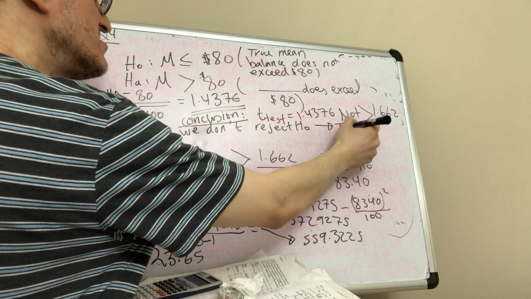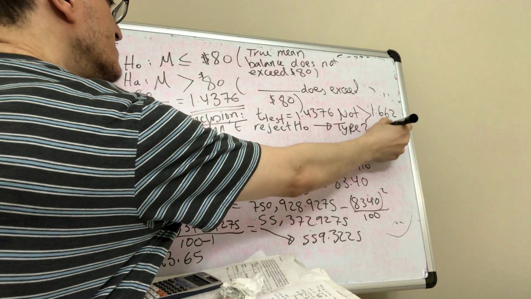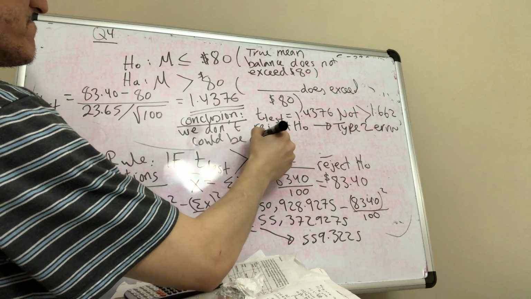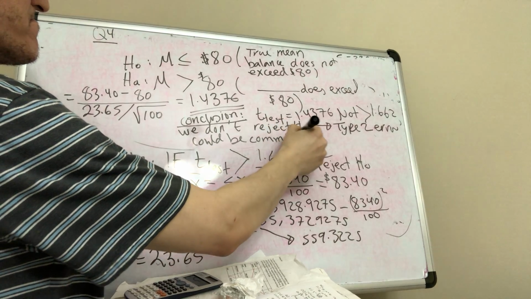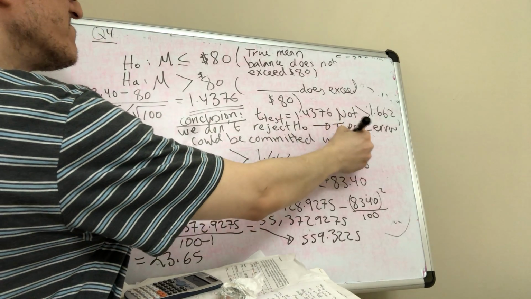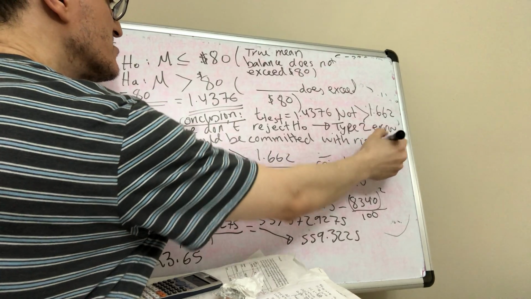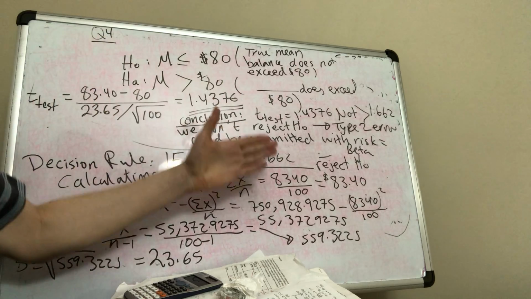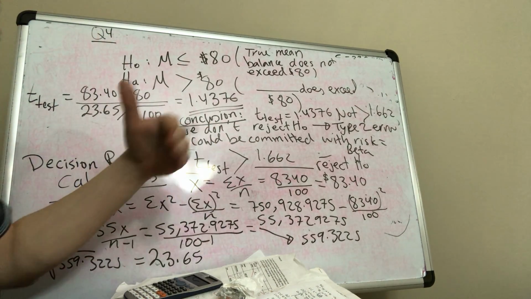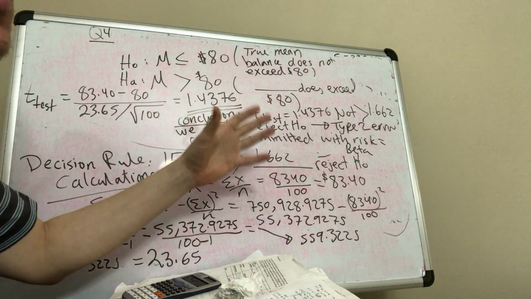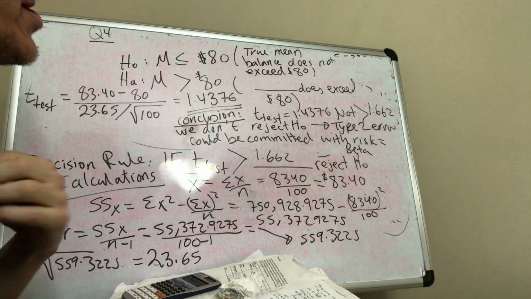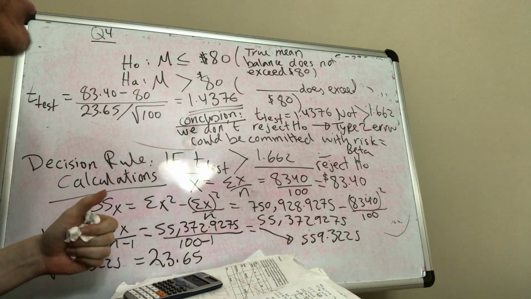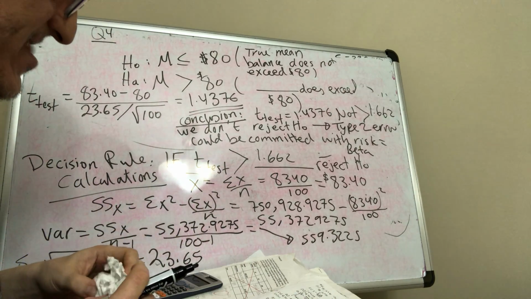And in this case, type 2 error could be committed, with risk equals beta. And you don't need to calculate it. Anytime you reject H0, you say type 1 error could be committed and risk equals alpha given in the question. And when you don't reject, you say type 2 error could be committed with risk equals beta.